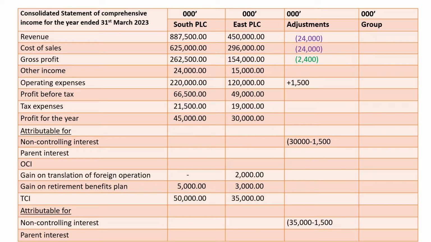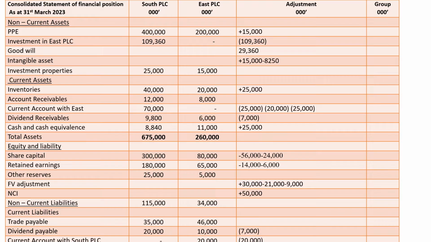Therefore, we are going to add it back to the cost of sales. Unrealized profit of rupees 2,000 should be removed from the inventories as well as consolidated retained earnings.